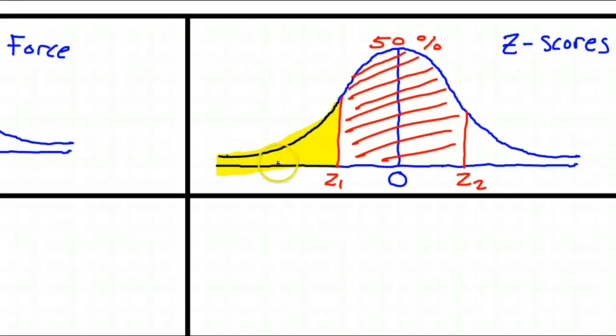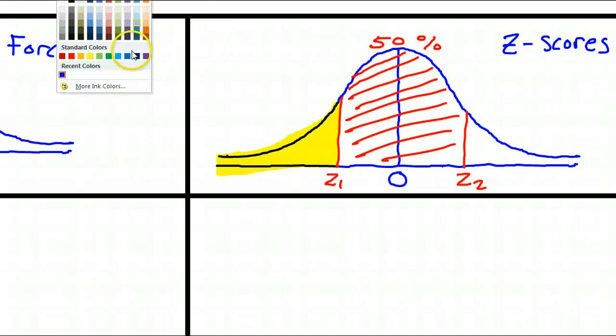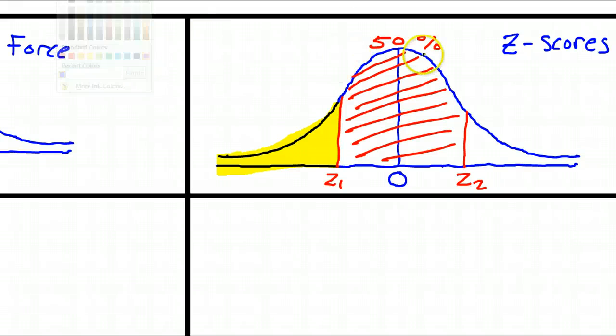Hopefully you're actually thinking about it. Look, we have the 50%. What does that leave for the rest of the picture? If this is 50%, then that leaves 50% for the rest. That means the left and the right. So I have to split the remaining 50% in half.